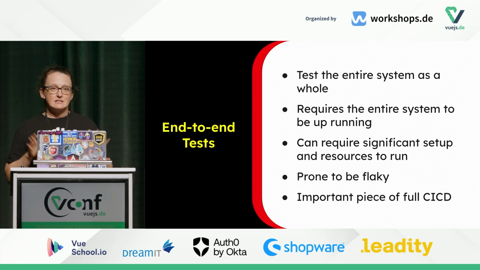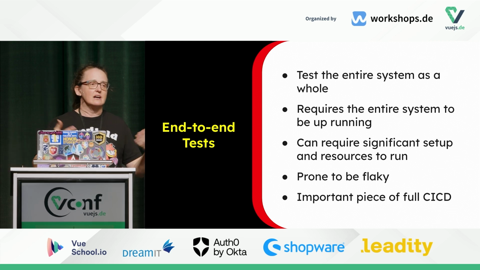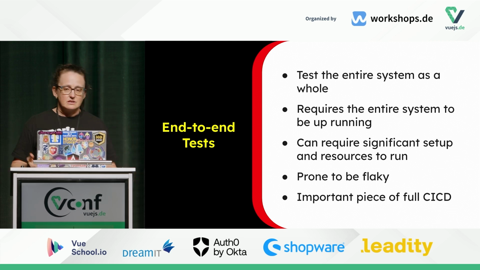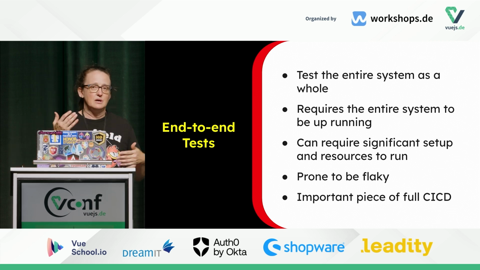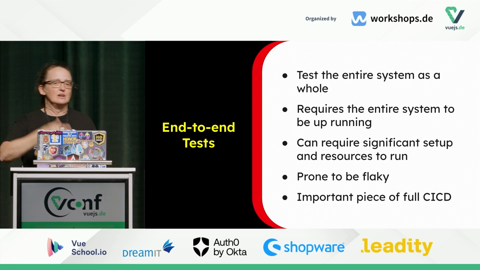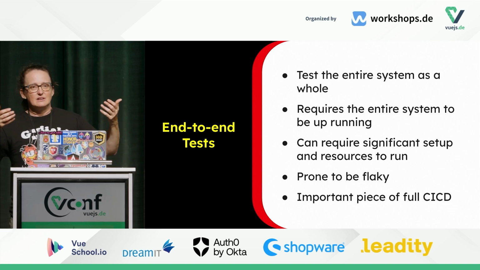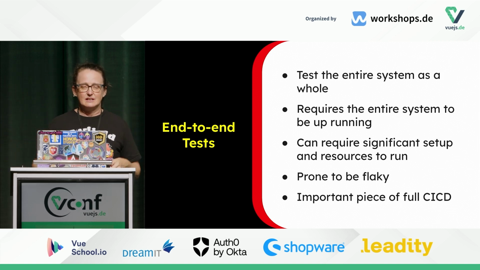Now, end-to-end tests will test the whole entire system. Because it's testing the whole system, it requires the entire system be up and running. And so this can often require a lot of significant setup to get all the resources to run. So for example, on my application, it's actually not possible for me to do local end-to-end tests because I would have to spin up so many Docker containers to run servers so that we could actually hit the backend services.